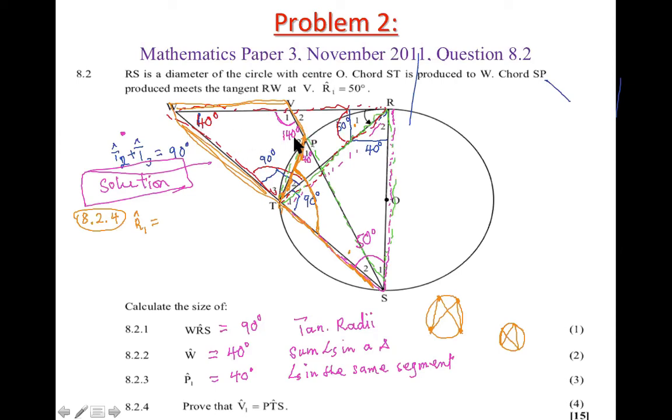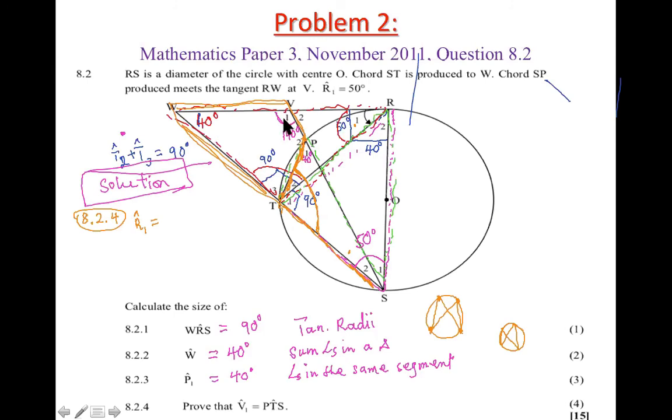Another rule of a cyclic quadrilateral says that if you add the opposite interior angles, it will give you 180. So P2 plus W also gives us 180. Though the four corners of this diagram are not lying on a circle, we have already proved that it is a cyclic quadrilateral. So if you want to prove that V1 is equal to PTS, you must just look for an angle that is exterior to V1.